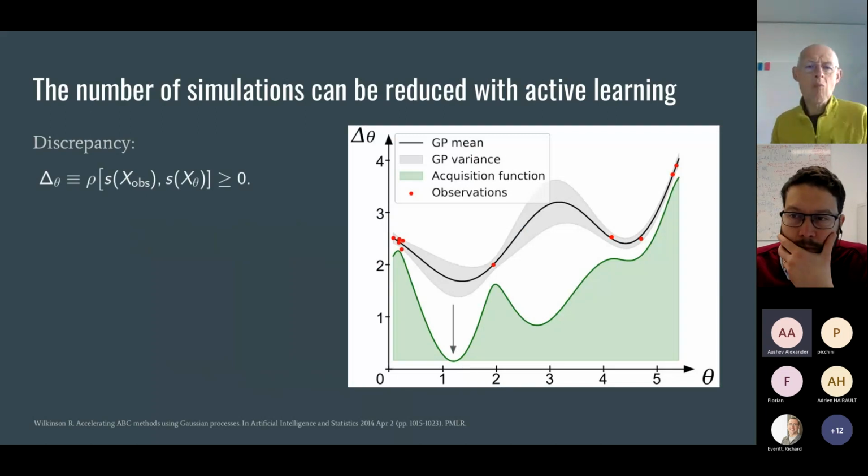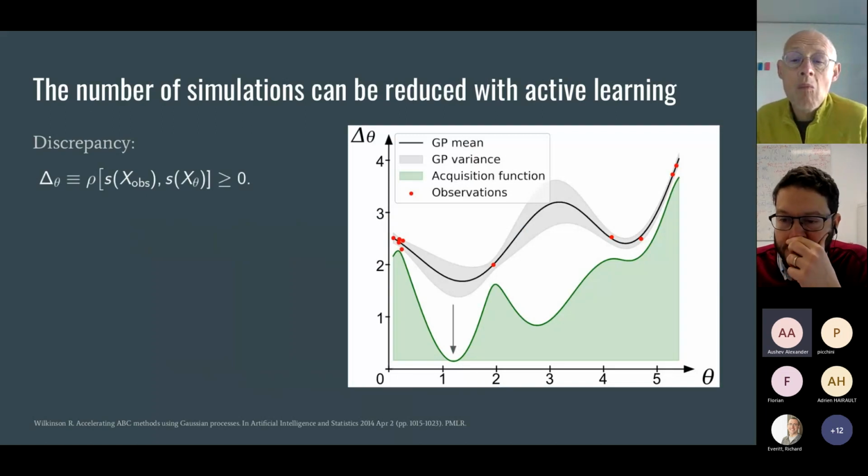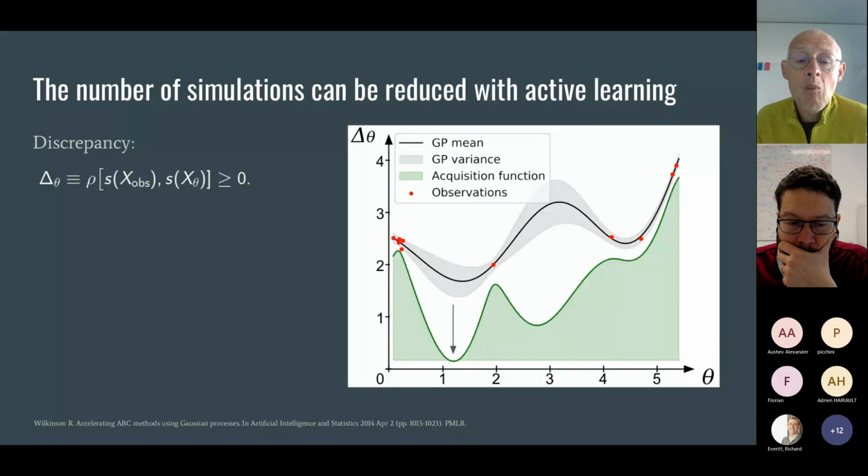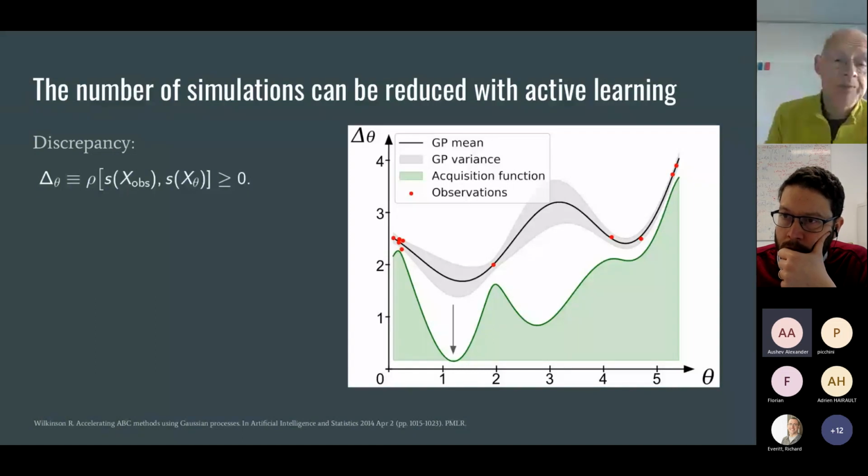One way of tackling simulations that take a lot of time is to use active learning. By doing this, we can reduce the number of simulations.